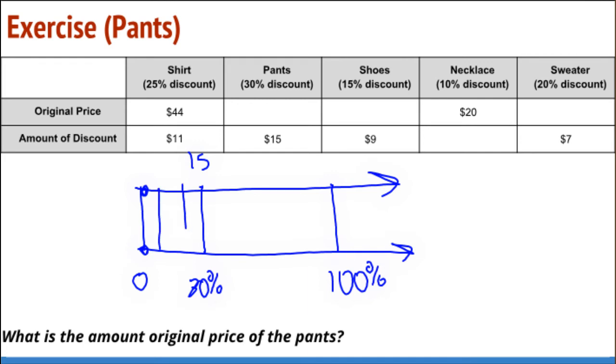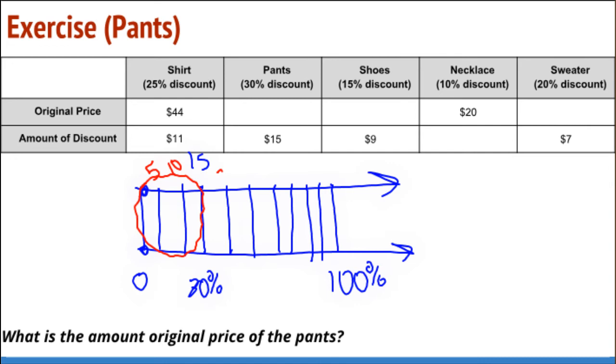So 10, 20, 30, 40, 50, 60, 70, 80, 90, and 100. So I can look at my double number line, and I can see that this 15 here has been divided into 3 parts. So each part will be equal to 5. So 5, 10, 15, 20, 25, 30, 35, 40, 45, and 50. And I can see that the original price of the pants was $50.